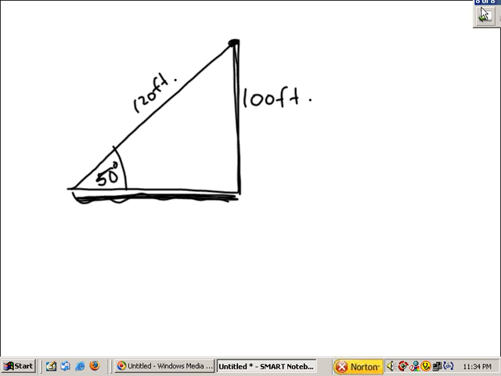Actually, you know what, you're not even told the angle. Okay? Well, call this distance x. This is a right triangle. x squared plus 100 squared equals 120 squared. Now, if you wanted to be slick, you could scale down the triangle.